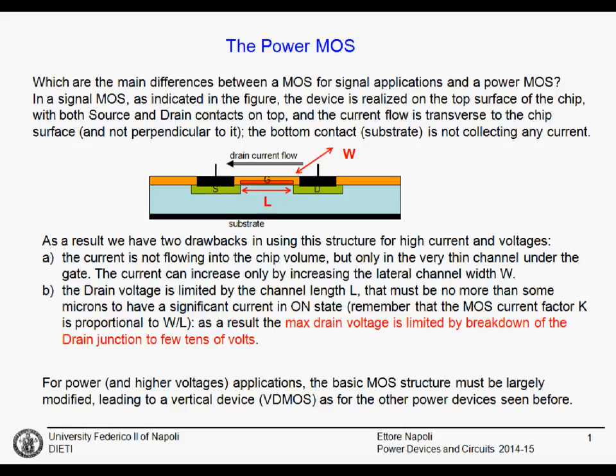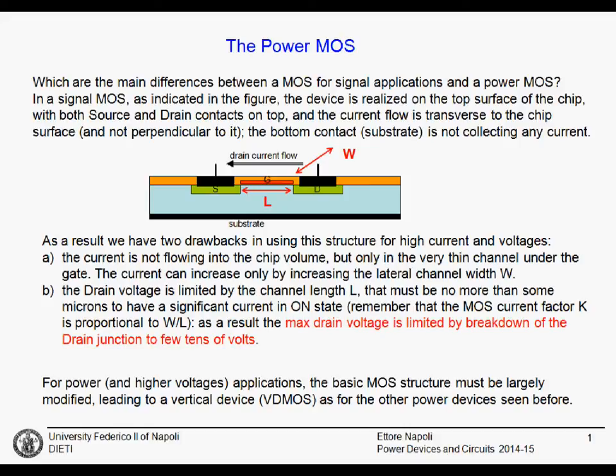Now we want a Power MOS, a MOSFET that is able to handle high current, withstand high voltage, reverse or forward blocking voltage, and sustain and manage a large power. Does this change its structure?